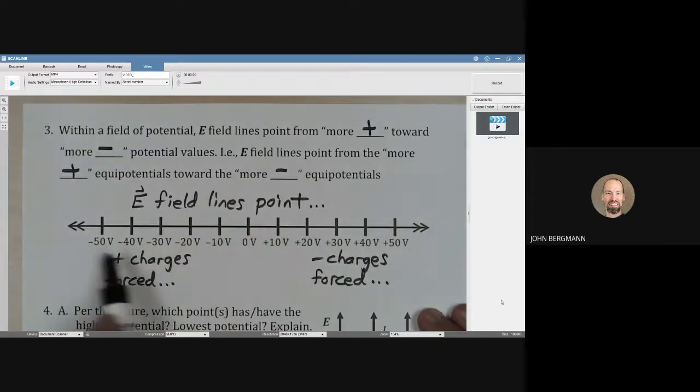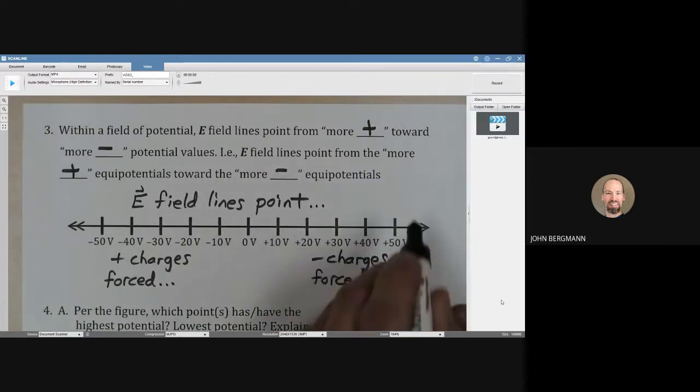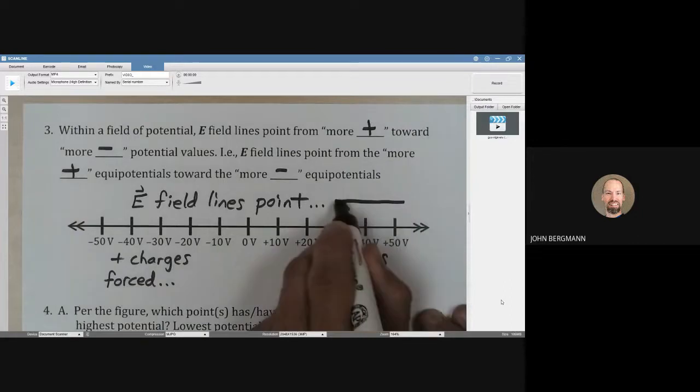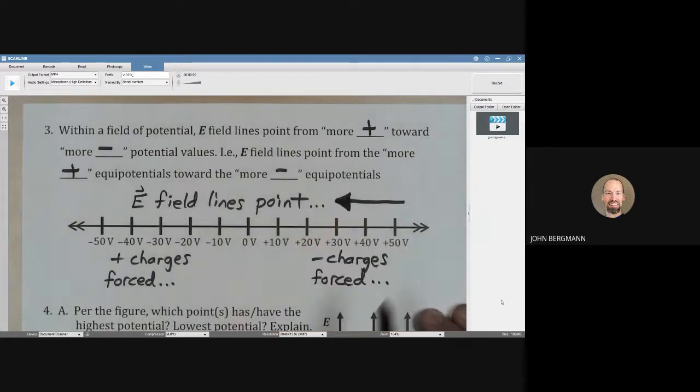So if we have some equipotential surfaces, and let's just say that that's what the potential is for each of these, the electric field lines are going to point in this direction here, from more positive towards more negative. And positive charges are going to be forced in that direction. If we have a positive charge and we let it go, it's going to tend to move to the left on our number line here. And if we have a negative charge, it's going to tend to move to the right.